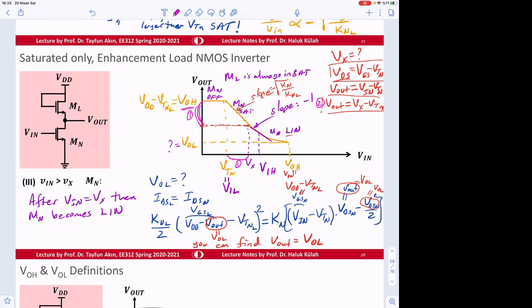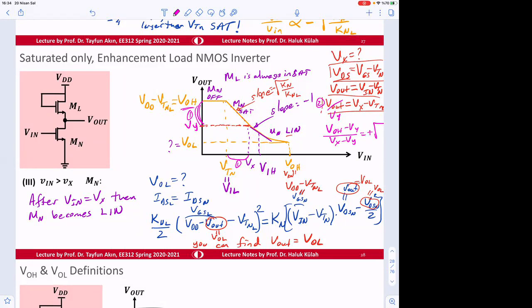Let's call this thing Vy. Okay, here we call this thing Vy, right? So we output high minus Vy divided by Vx minus Vy is going to be equal to minus, is there going to be minus or plus?